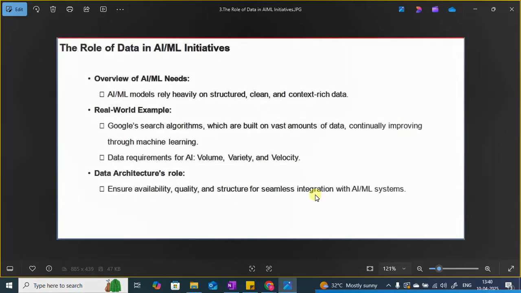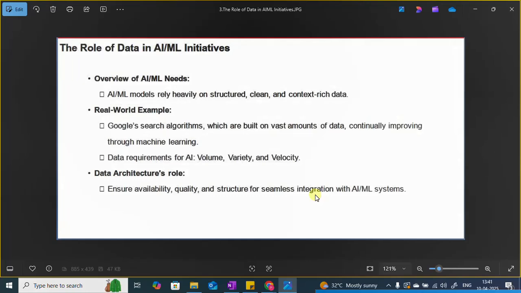The role of data in AI/ML initiatives. The overview of AI/ML needs. As you know, AI/ML, that is artificial intelligence and machine learning models, rely heavily on structured, clean, and context-rich data. Real world example: the Google search engine, which is built on a vast amount of data, continually improving through machine learning.